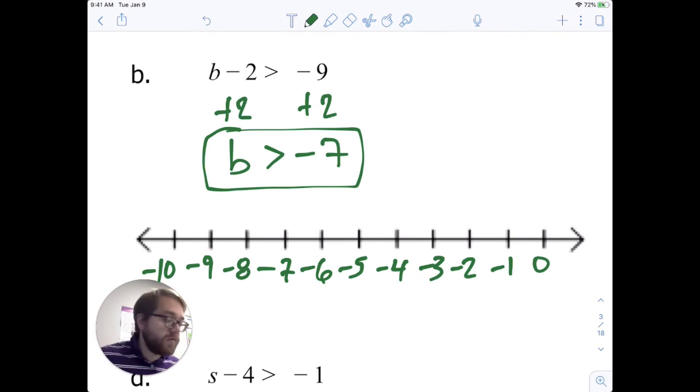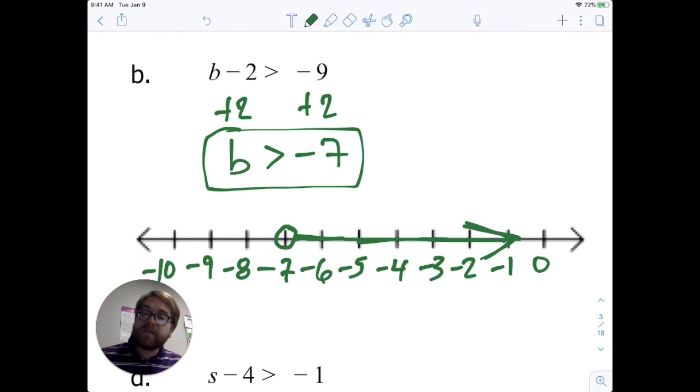That's good practice for comparing those numbers. So b is greater than negative 7, so I'm going to use an open circle at negative 7 because it's not equal to negative 7, but it's greater than, so that's all the numbers to the right. So that's what our graph would look like. b is greater than negative 7.